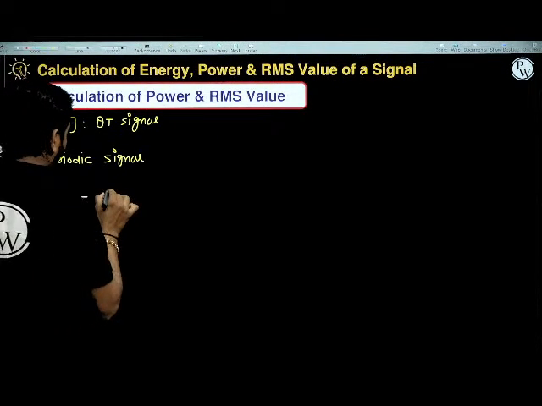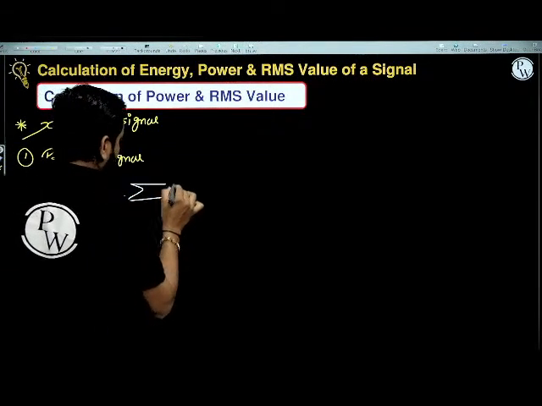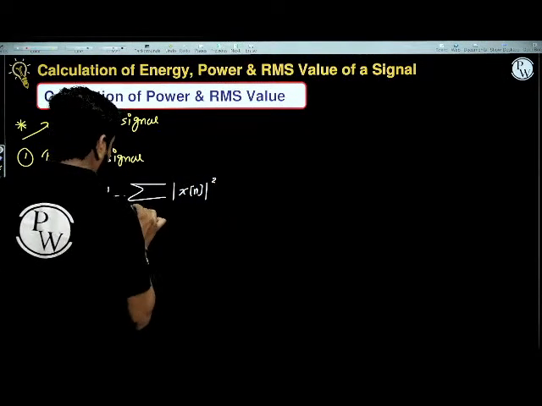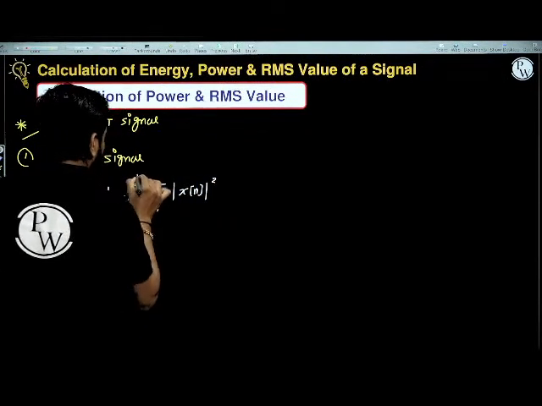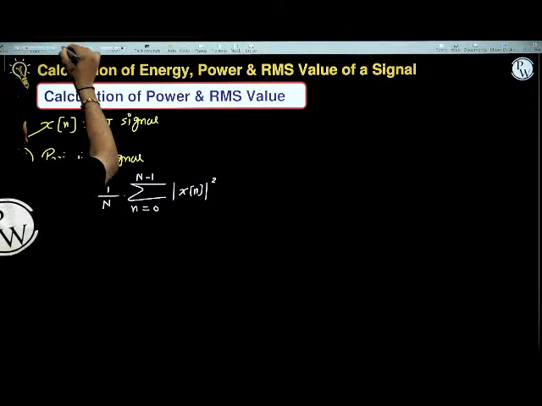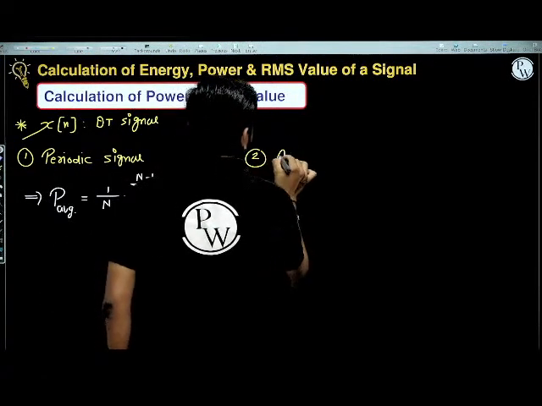1 upon the fundamental period capital N, summation of mod x of n whole square, n starting from 0 to N minus 1. And if it is an aperiodic signal, what is the fundamental time period of an aperiodic signal? Infinite.